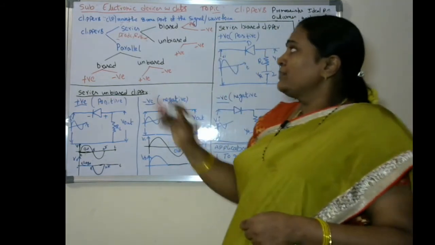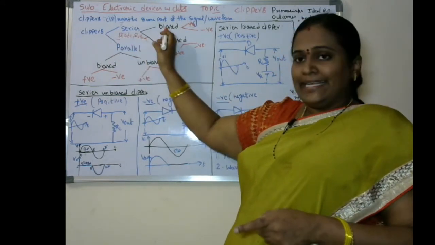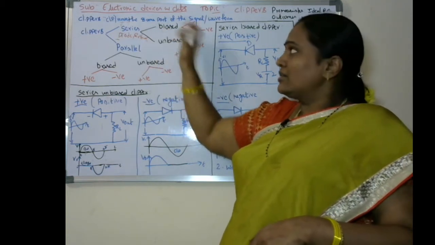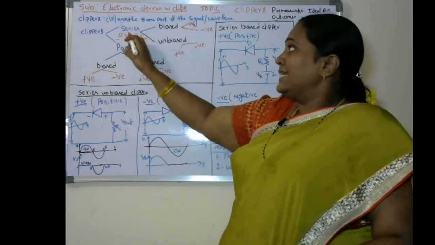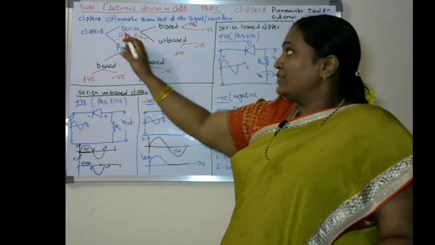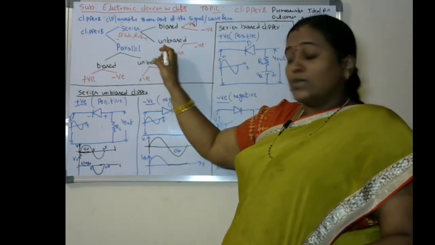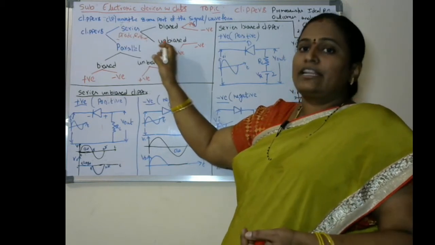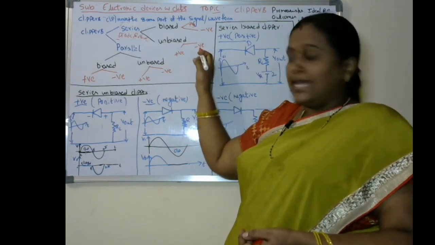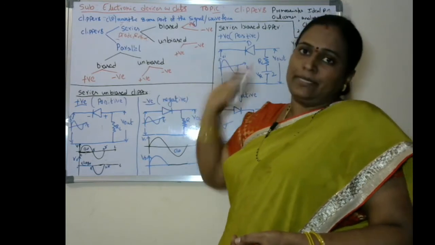So in this case, if I am connecting the diode in series and I am providing an external reference voltage and it is clipping the positive, then the circuit is going to be called a series biased positive clipper. If I am connecting the diode in series and I am not using any external reference voltage and it is going to clip the negative part of the signal, then it will be called a series unbiased negative clipper.